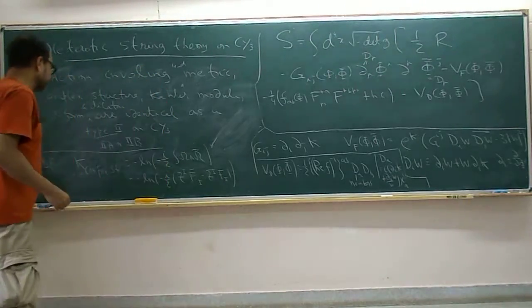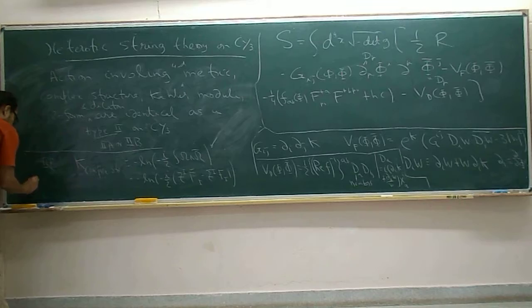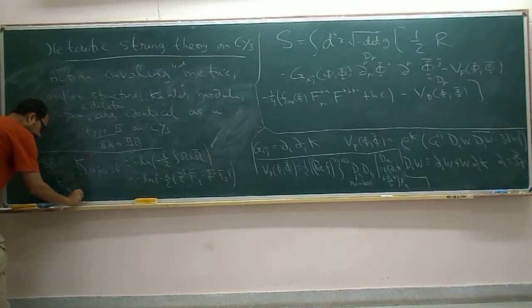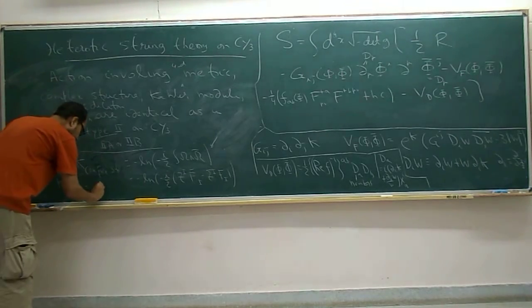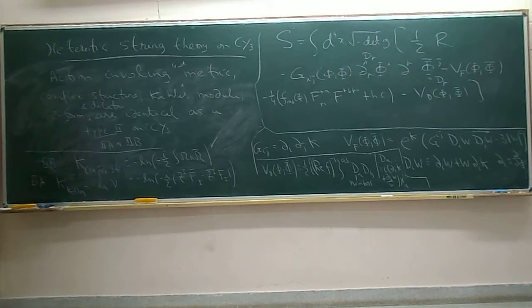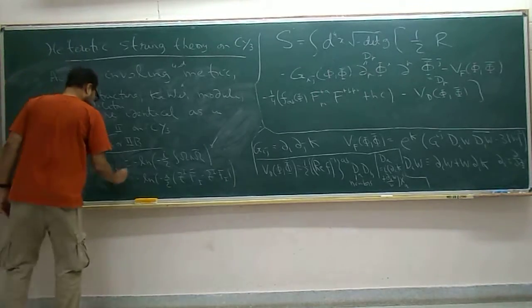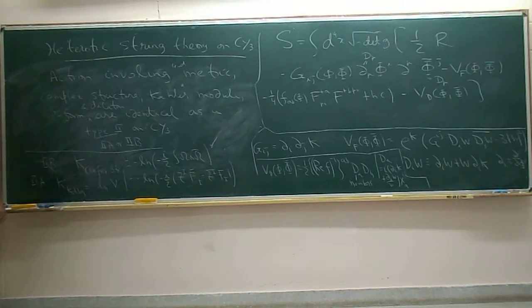So 2A tells us that K of the Kähler moduli will be given by minus log of the volume of the Calabi-Yau. Then there are higher derivative terms, which we will not worry about right now because we are not keeping the higher derivative terms. Is this clear?